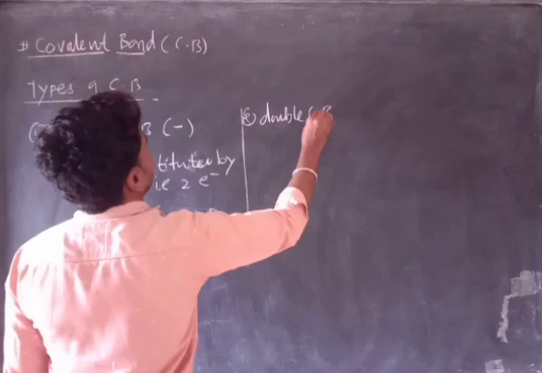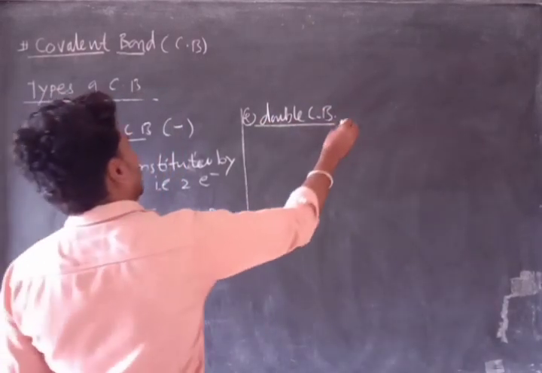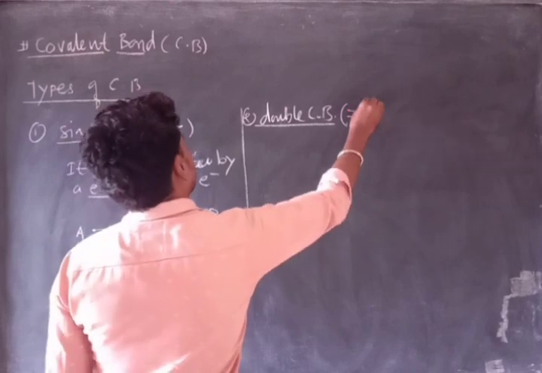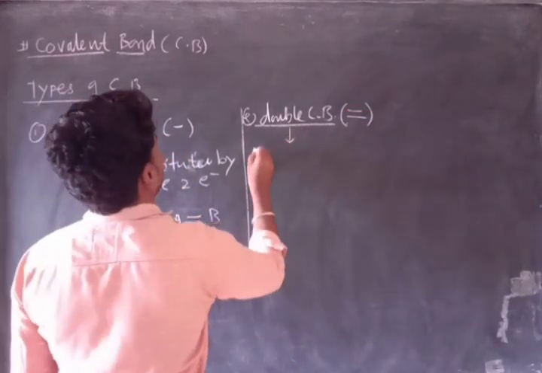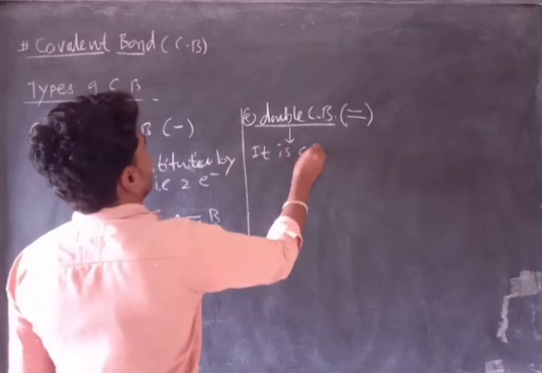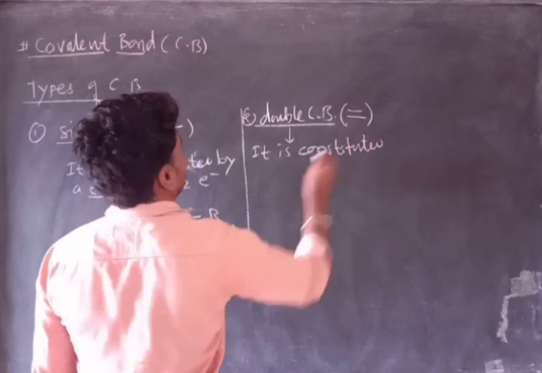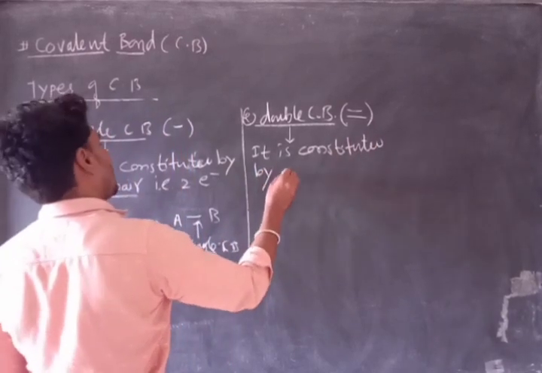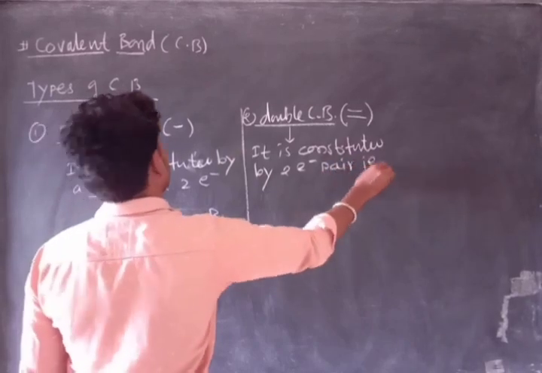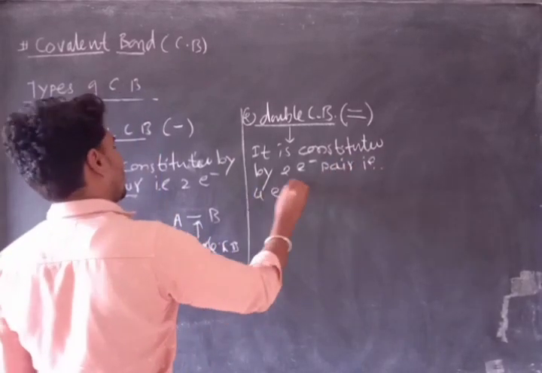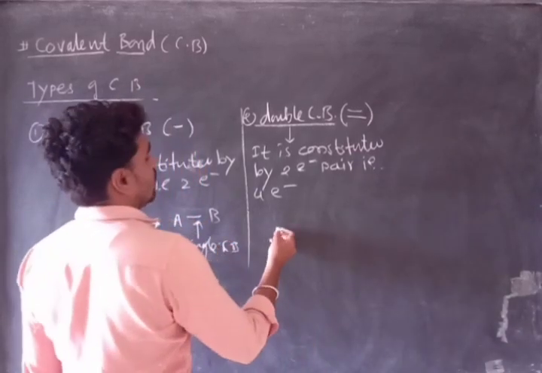So the other type of covalent bond, after the single covalent bond, is the double covalent bond. We know that the double covalent bond is represented by a double dash, and it is constituted by two electron pairs, that is, we can say four electrons. Now dear students, how these four electrons?